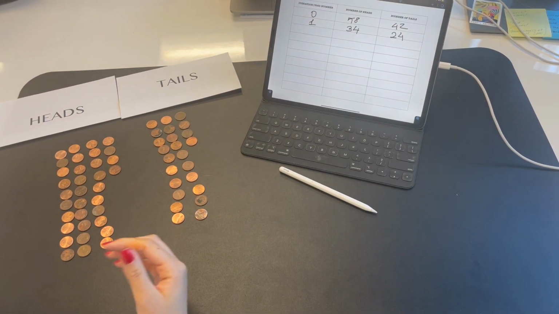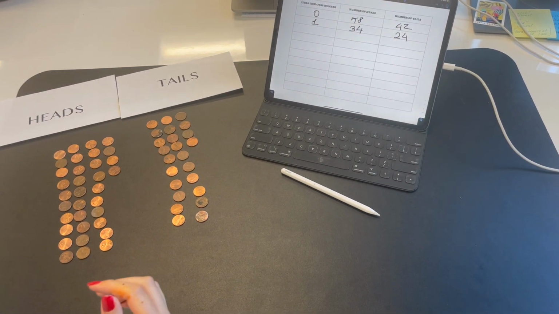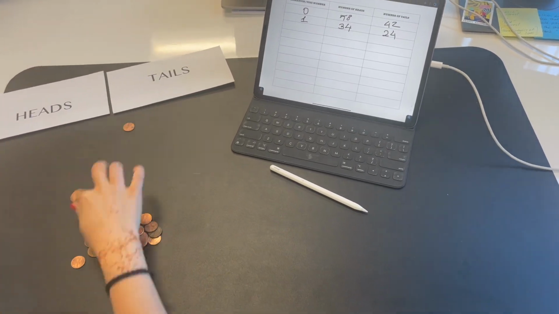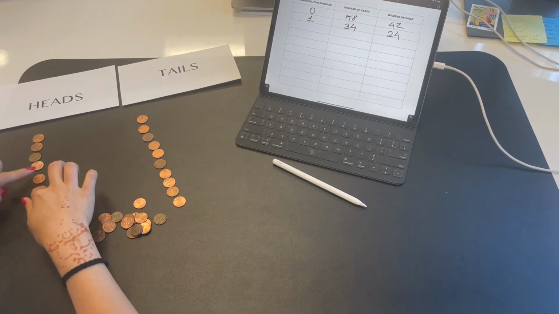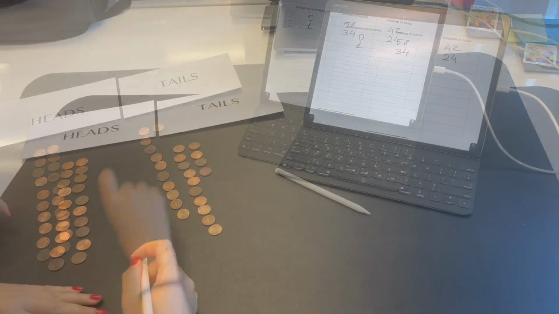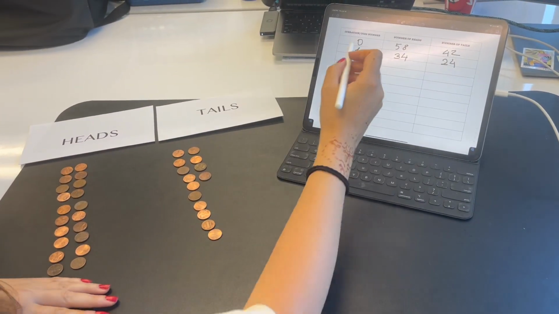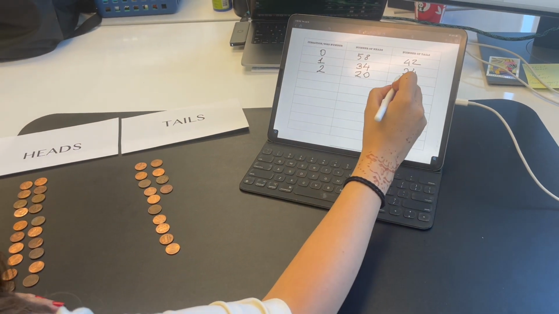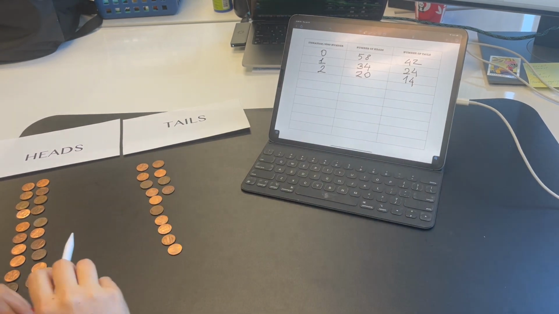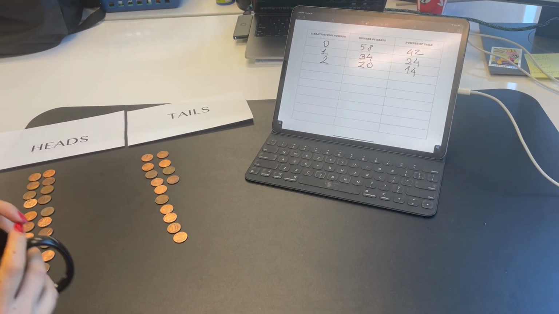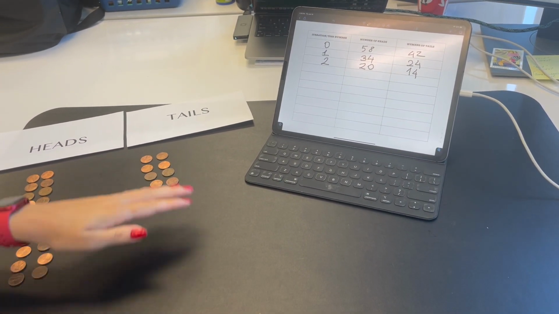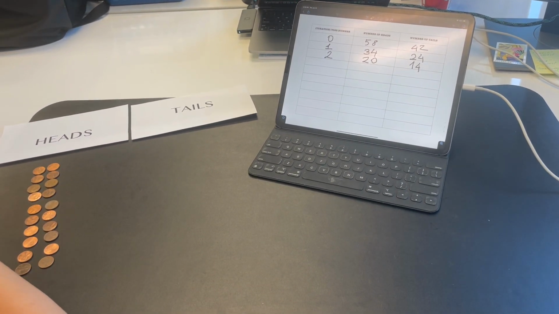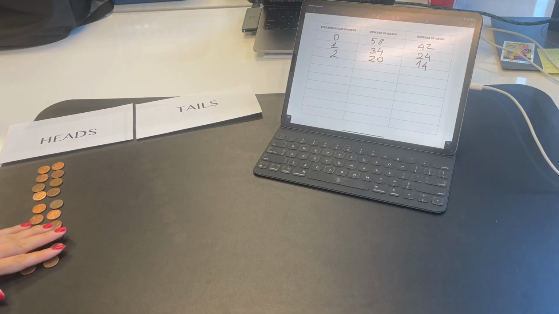And I keep continuing until no tails are left. This was iteration number 2, where I had 20 heads and 14 tails in my batch. Now I am again removing the tails from my batch, and I will be doing the mix only with heads instead.